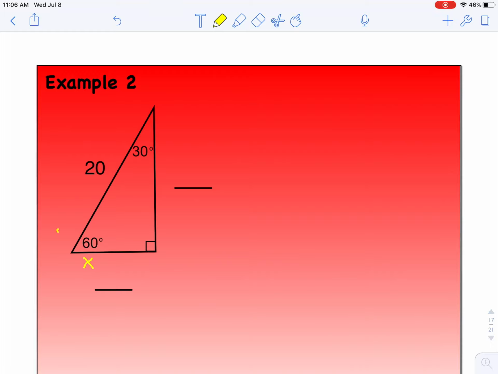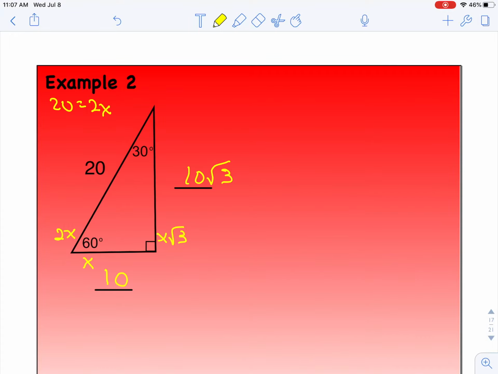So now if we work backwards here, again, this is x, this is 2x, and this is x root 3. So if 2 times x is 20, then x has to be 10. You could set 20 equal to 2x to find x, but most of you probably can do it intuitively. And so that means the longer leg is the square root of 3 times the short leg, so it's going to be 10 square root of 3.